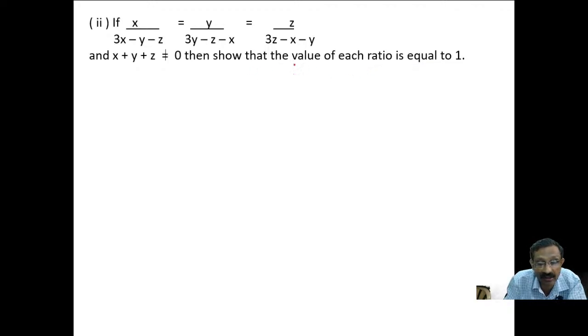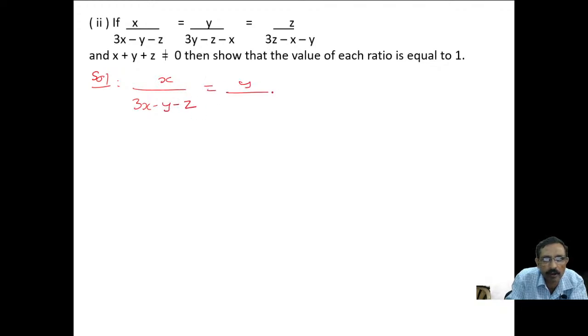To show that each ratio is equal to 1, let us see what is given to us. Solution: x upon 3x minus y minus z is equal to y upon 3y minus z minus x is equal to z upon 3z minus x minus y.